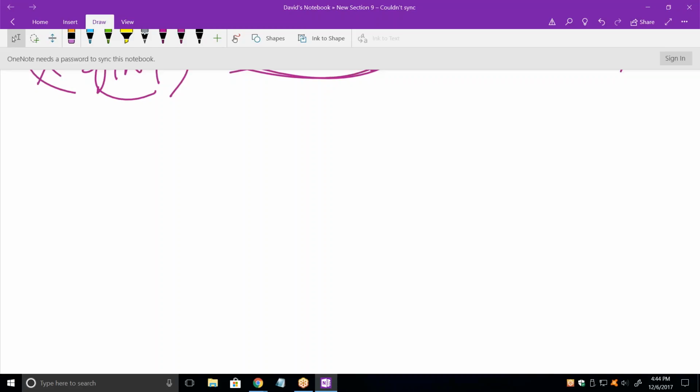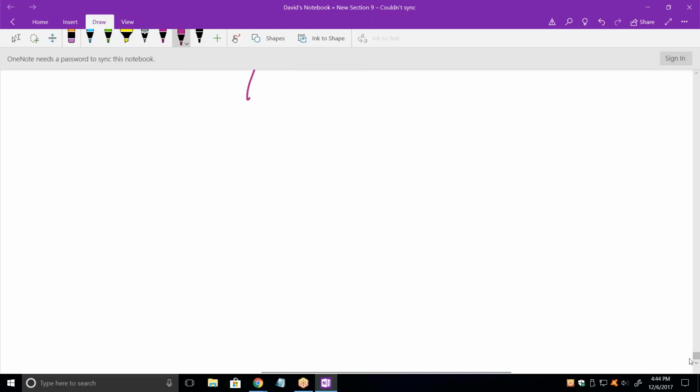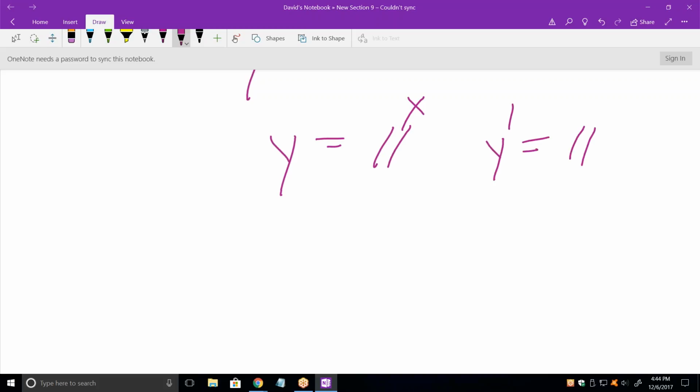Let's just review, because this is important, I think. If I have an exponential function, 11 to the x, well, then y prime is 11 to the x times natural log of 11.